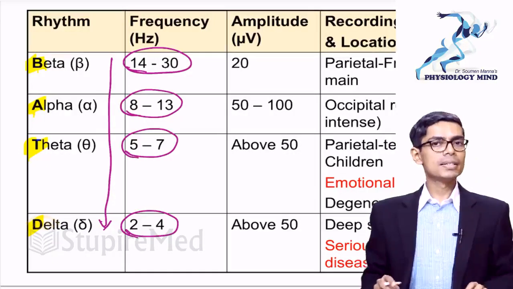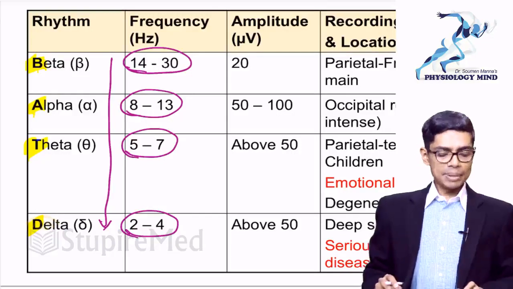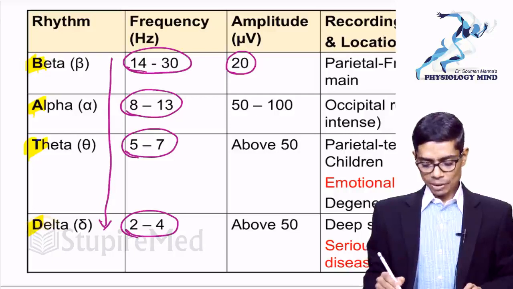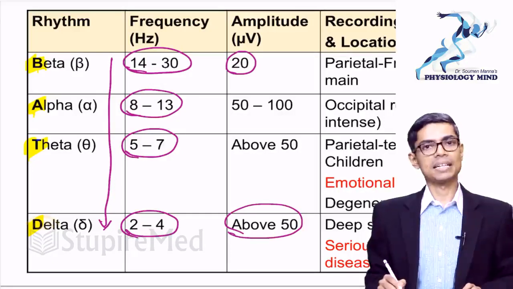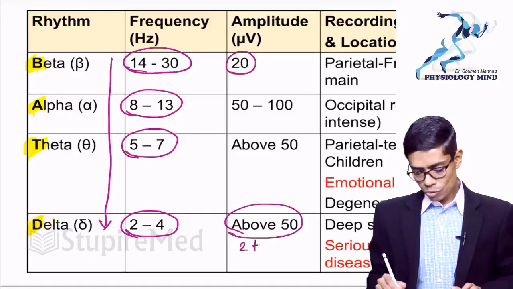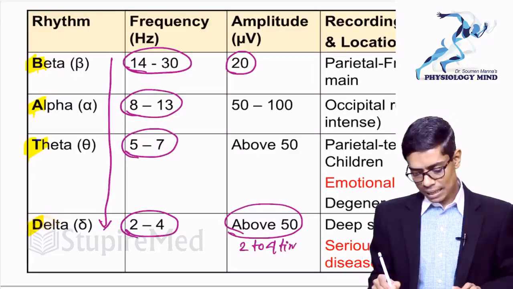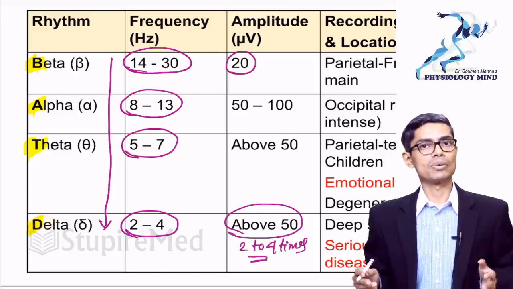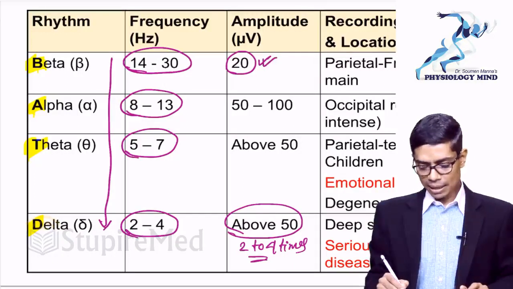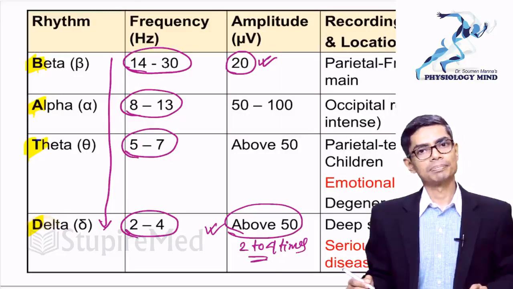Now look at the voltage. You may not remember each and every voltage, but look here, this is only 20 microvolt. But whenever you are going towards delta, it is said that delta wave has a voltage which is 2 to 4 times that of any other EEG wave, meaning it can be around 200 microvolt.